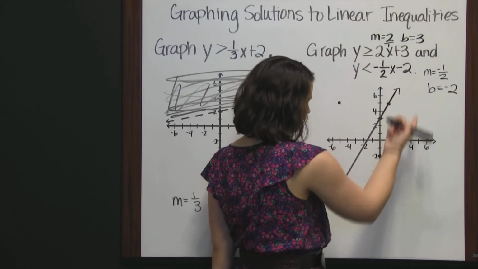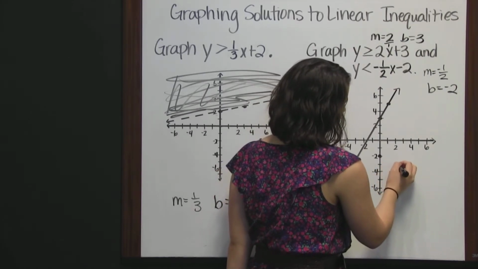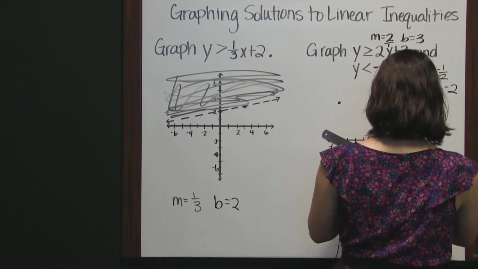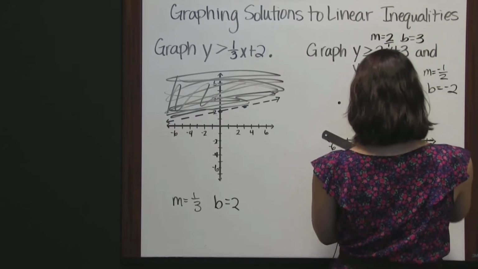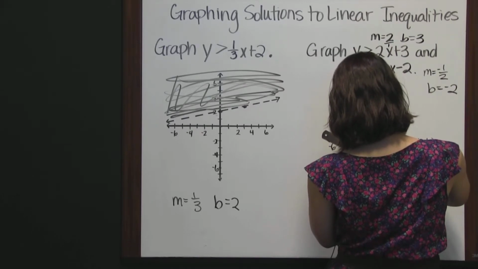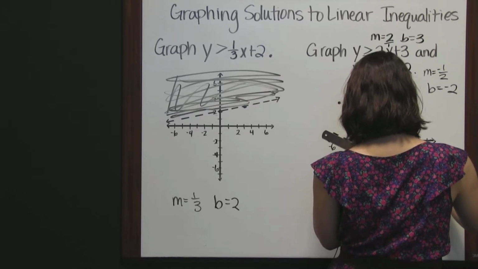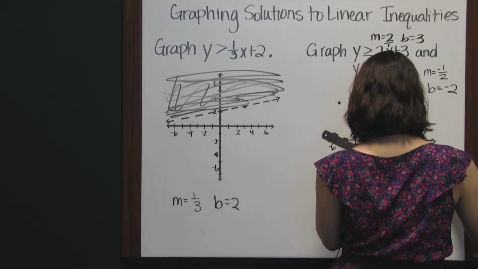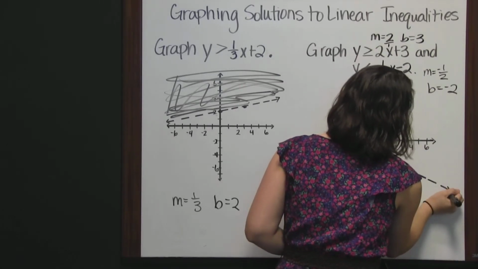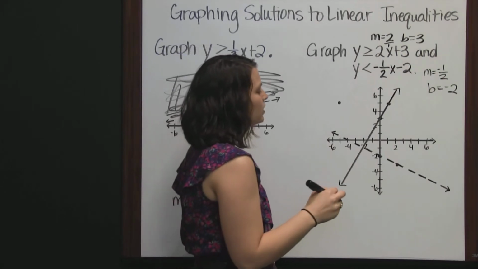Rise 1, or actually we're going down 1 since it's a -1, and then over 2. And again, this is a dashed line because it's just less than, not less than or equal to. We're going to connect our points with our dashed line, and put our arrows on the end to signify that that line goes on.